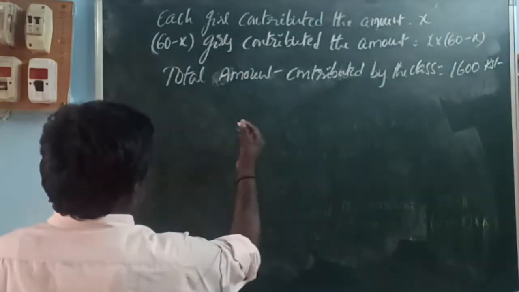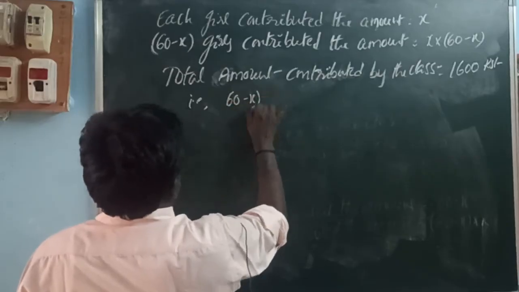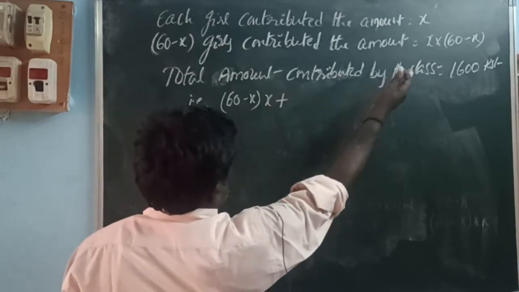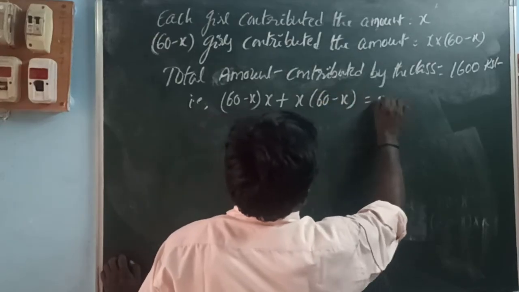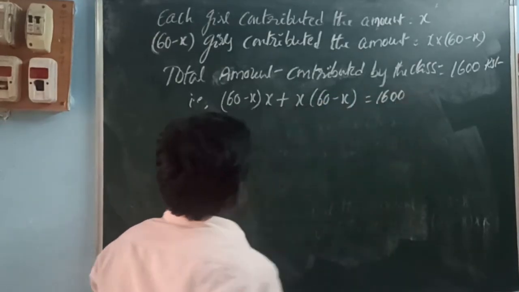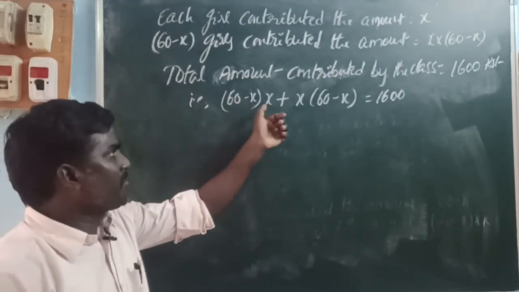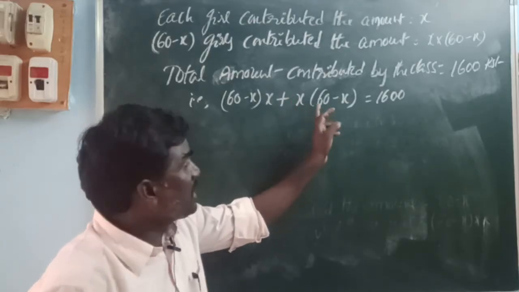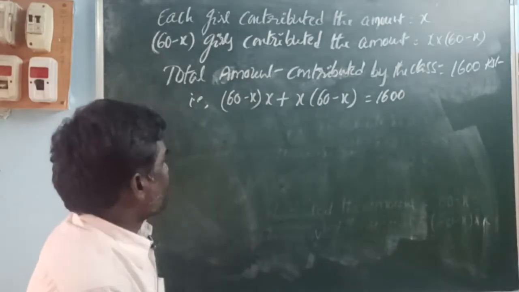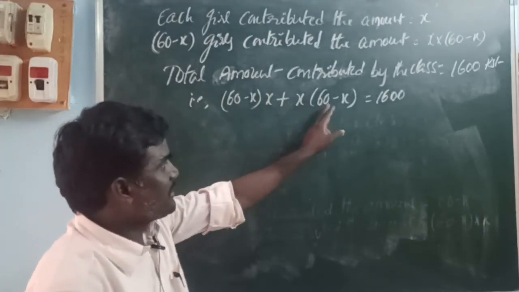The boys contributed 60 minus x into x. Girls contributed x into 60 minus x. The total is 1600. Each boy contributes 60 minus x, and there are x boys. Each girl contributes x, and there are 60 minus x girls. So here 60 minus x into x, and here x into 60 minus x.